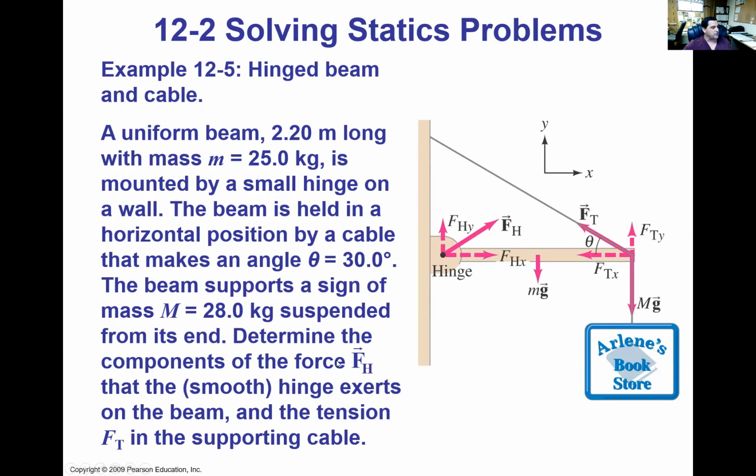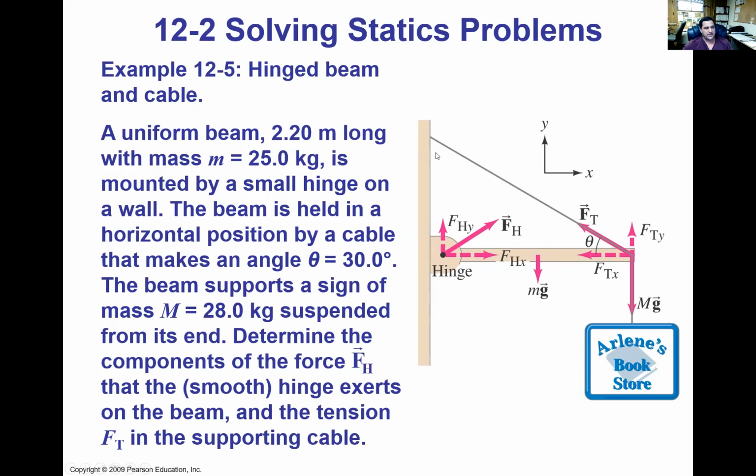So they want us to determine the force in the hinge, and they also want us to determine the force in the cable. So let's talk first about hinges and cables. This hinge is just like a door on a hinge. It's allowed to freely rotate clockwise or counterclockwise.